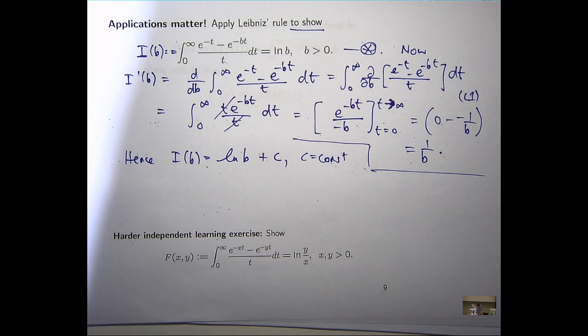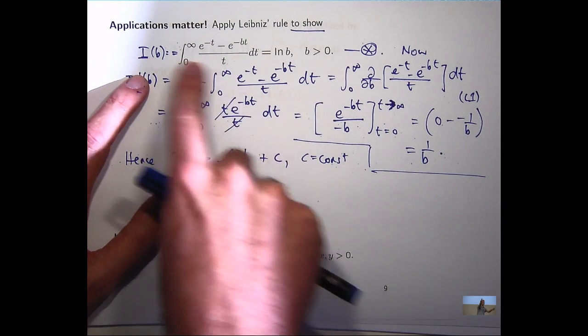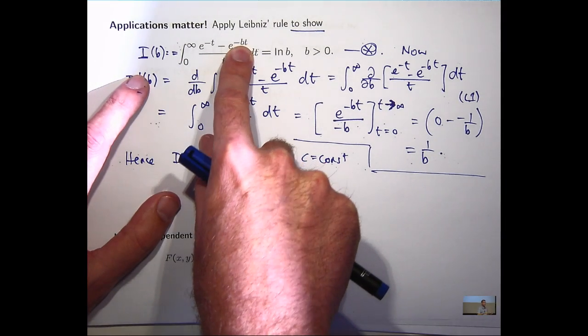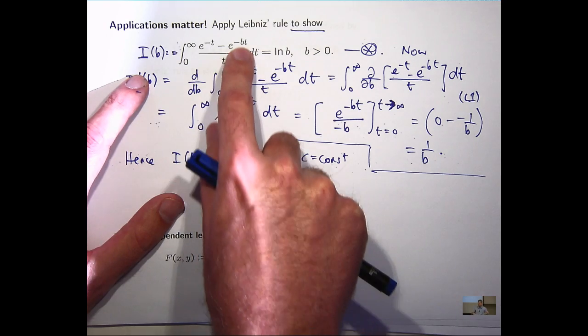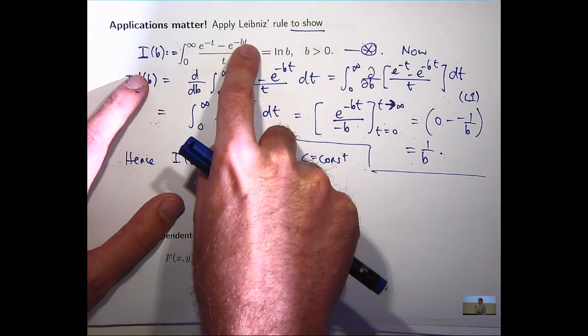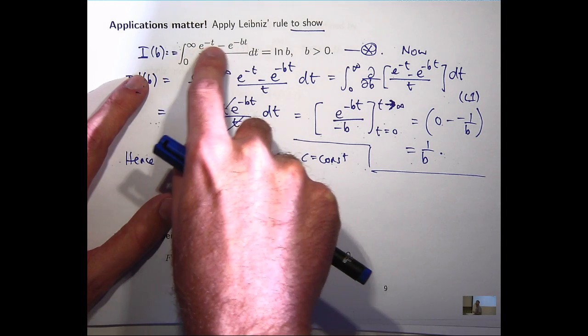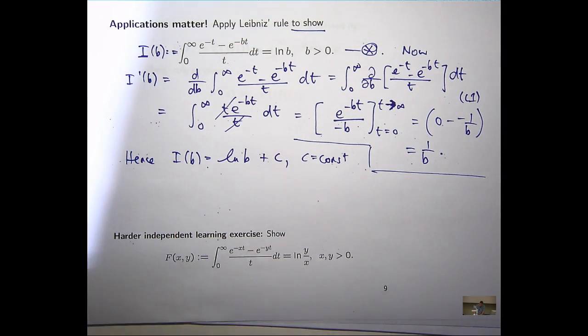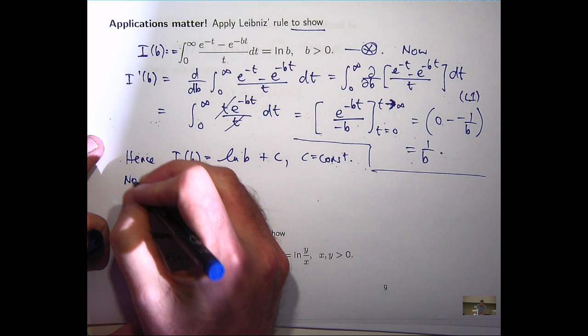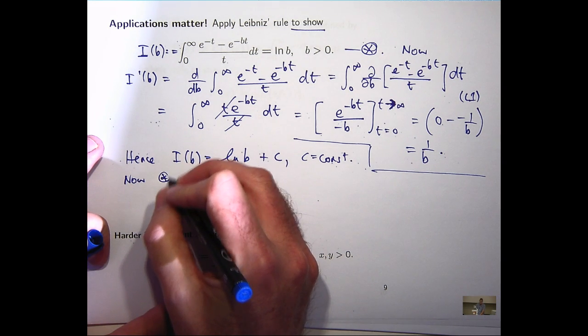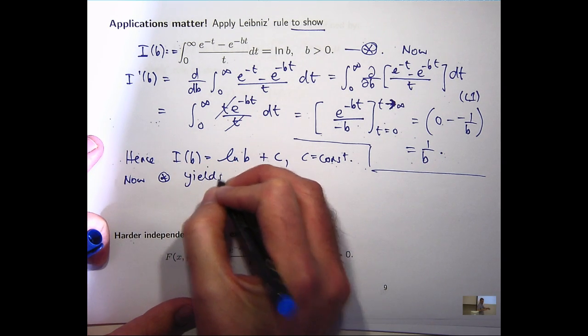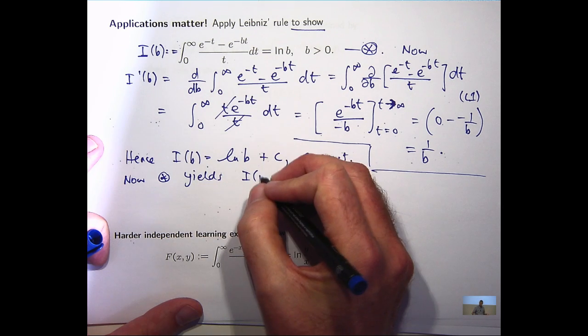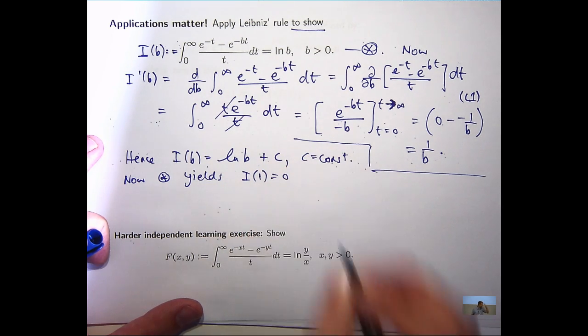So how can I show that the constant's 0? Well, maybe this is what you're getting at. If you look up here, what happens if I put in b equals 1? If I put in b equals 1 in here, so I of 1, I get e to the minus t minus e to the minus t. So that's all 0. So very good. So going back up here, I of 1 equals 0.